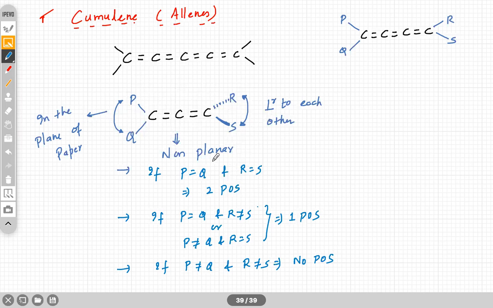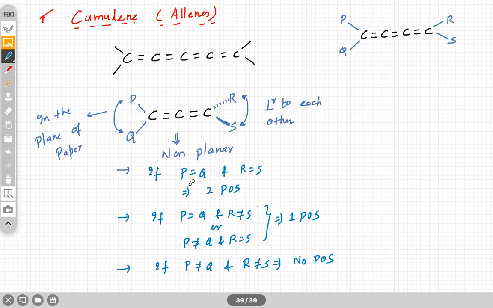If all are equal, P equals Q equals R equals S, then one is this, another one is this, and another one is the plane of the paper, the third case here. But since the molecule is non-planar, we cannot consider the plane of the paper as a plane of symmetry, so I am eliminating that case.